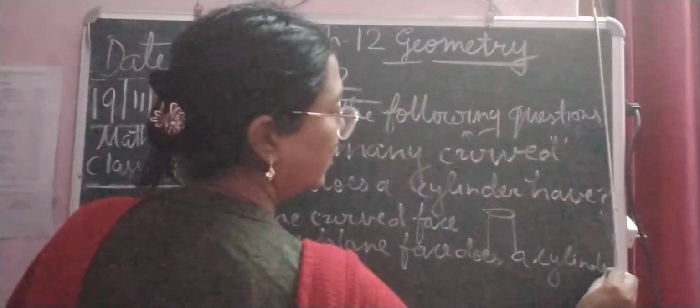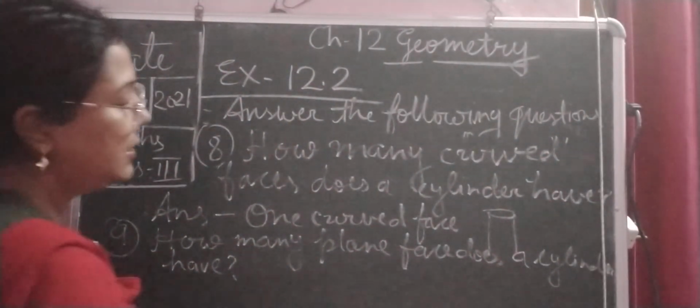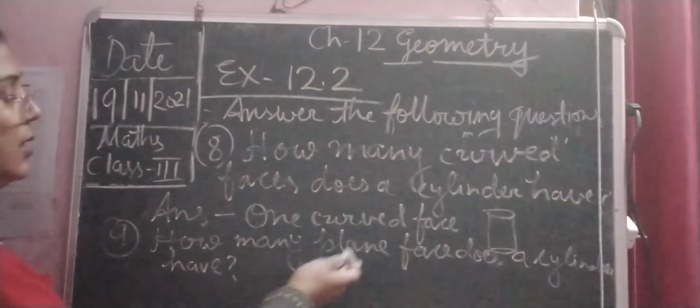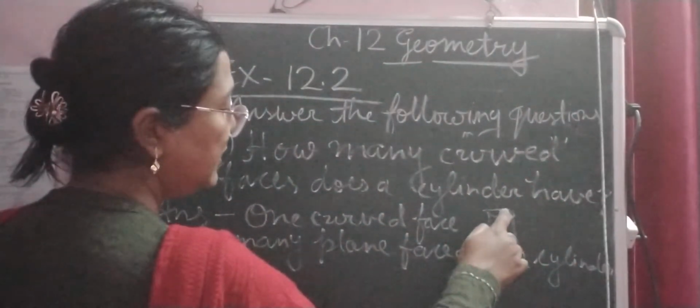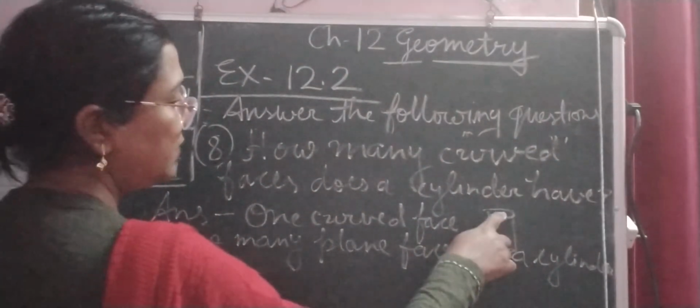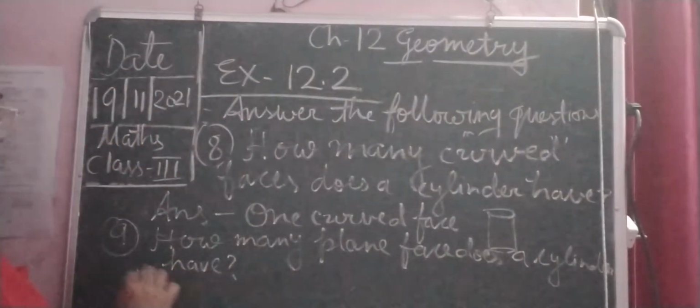Now children, as we have discussed, one curved face is there, and here you can see there are two faces which have a plane surface. So we will write 2.